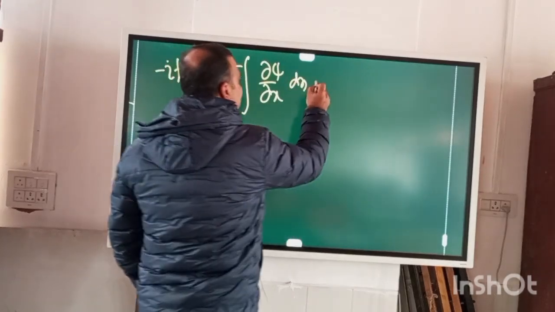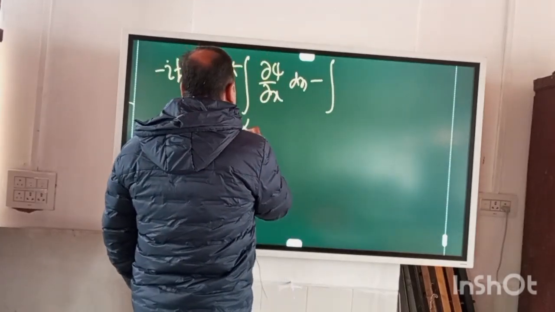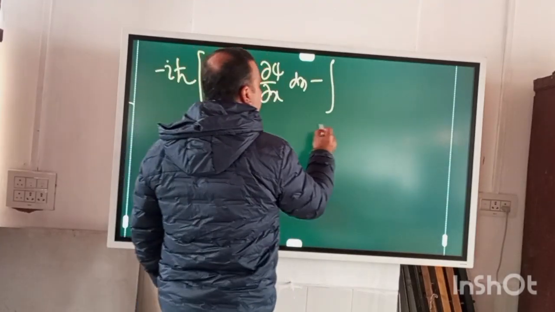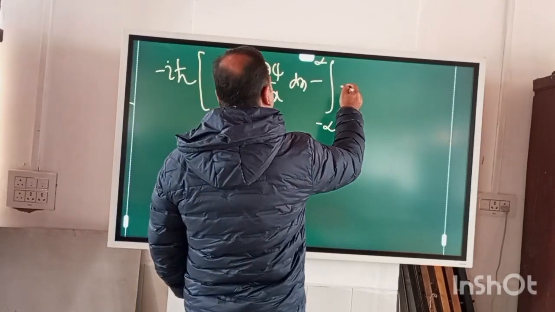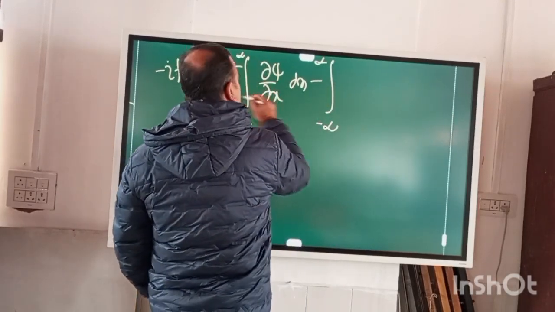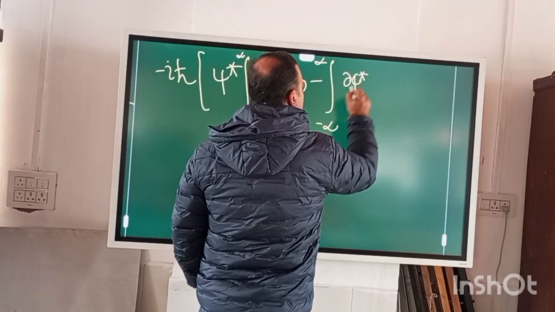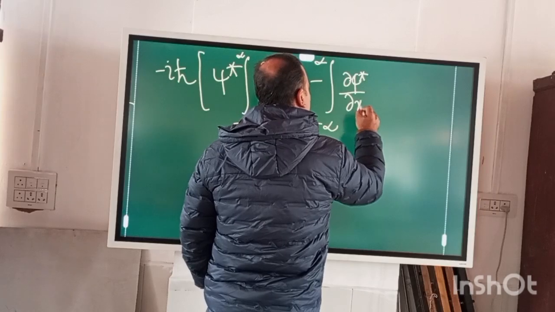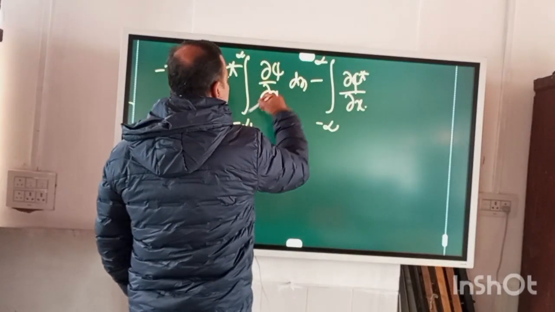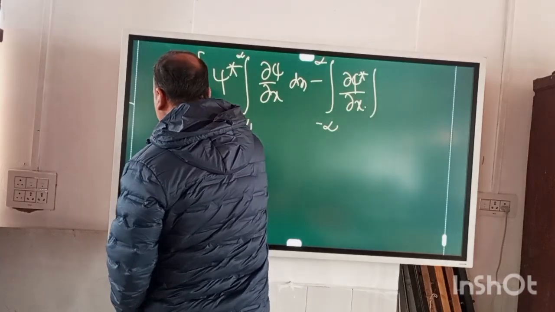Then I'll have minus the integral, with limits from minus infinity to infinity, of the differentiation of u, which gives dou psi star by dou x, and the integration of v. What is the integration of v?